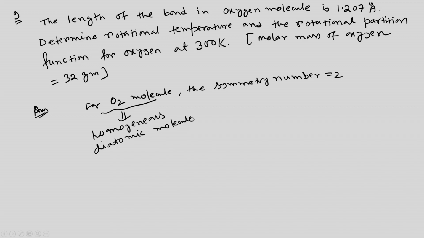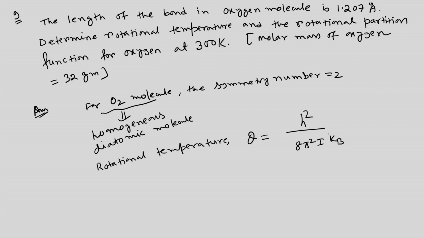Next, what we need to do, we need to calculate rotational temperature. So, rotational temperature theta is h squared by 8 pi square I kb. So, values of h and kb are known, we need to calculate I, moment of inertia of oxygen molecule.